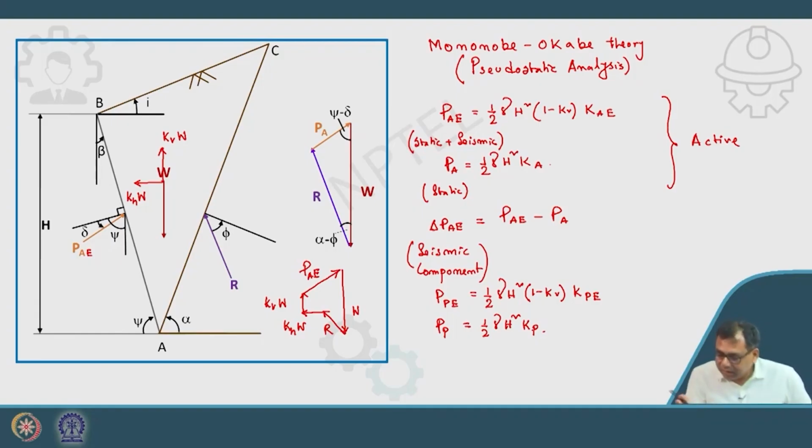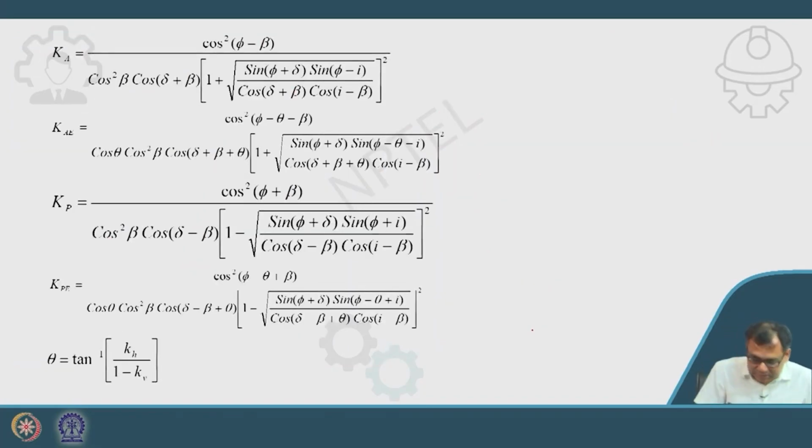Now, when I am talking about these two equations, you can see the expressions I am giving. These are the expressions of your Ka, KAE, Kp, KPE. What is Ka?